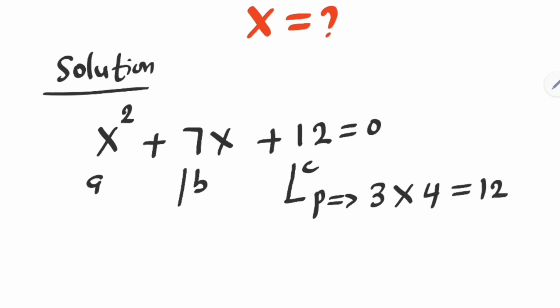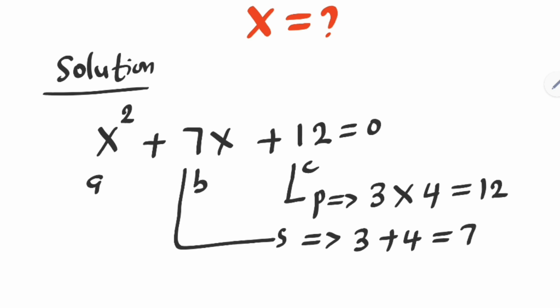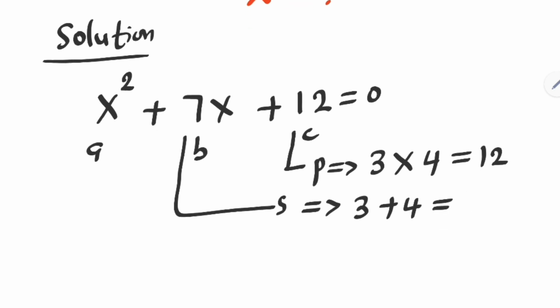The sum: 3 plus 4 is equal to 7. Now 3x plus 4x is equal to 7x.